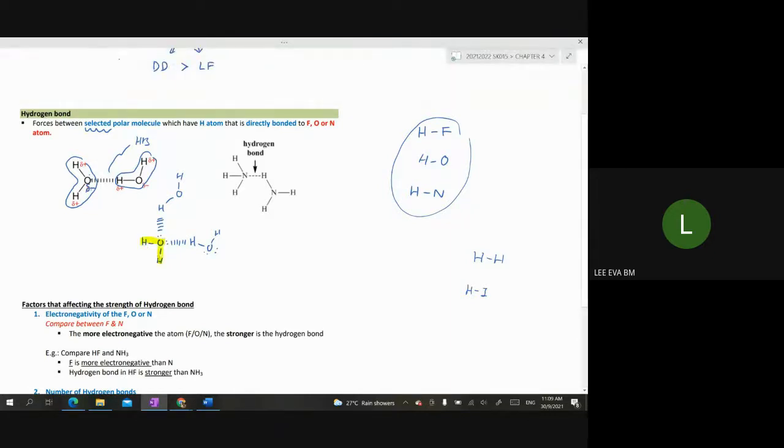Then the hydrogens on this same molecule will make hydrogen bonds with other water molecules, attracted to their oxygen. So over one molecule of water, you can actually form four hydrogen bonds with other water molecules. Each water molecule can form four hydrogen bonds.